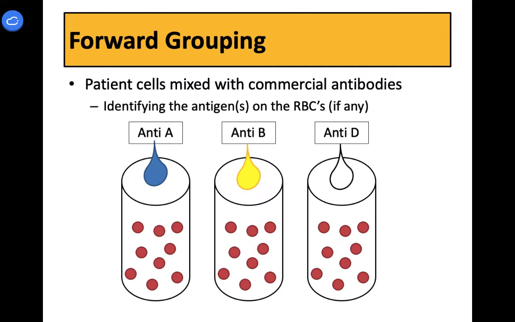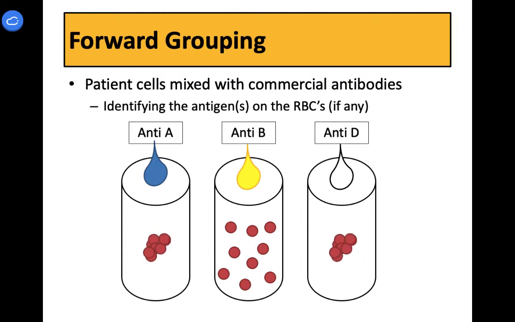We are using these known antibodies to figure out what antigens are on the cells. The anti-A, B, and D all come from a commercial product. We have removed any plasma or any serum from the red cells that are in the tube, so it's just cells and antibodies. Let's say you put these things together in a tube and you get these results.